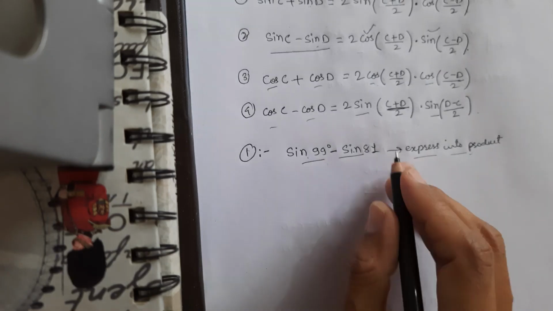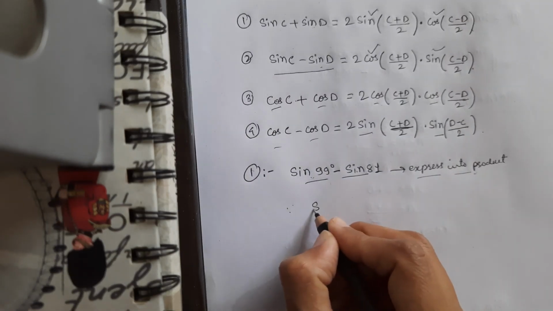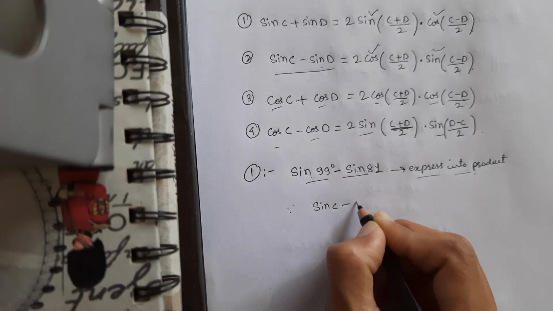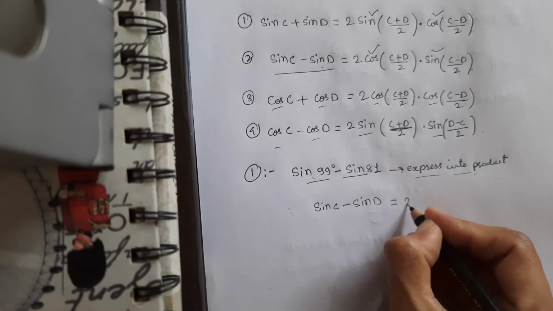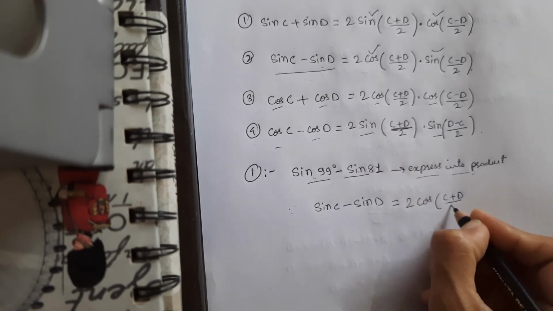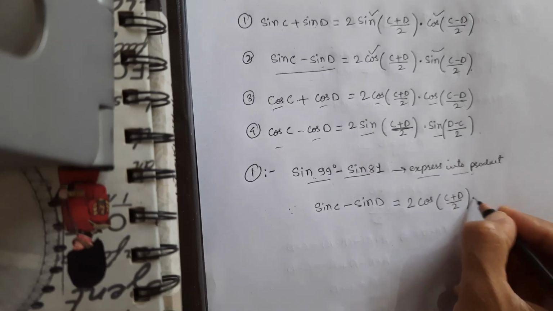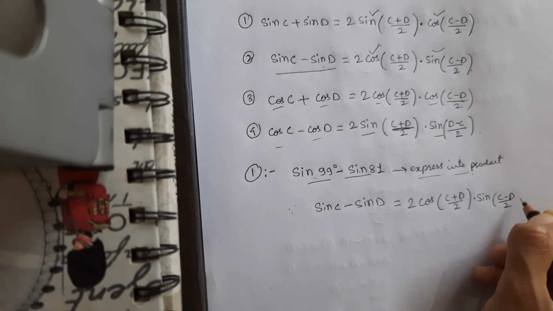It is very similar to sin C minus sin D. So sin C minus sin D equals 2 cos (C plus D) divided by 2 into sin (C minus D) divided by 2.